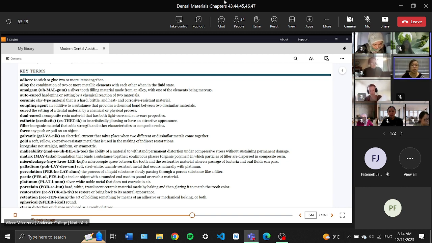Anyway, let's continue. Amalgam, a silver tooth filling material made from alloy with one of the elements being mercury. So amalgam is the silver filling, made of the alloy combination of different metals and mercury.